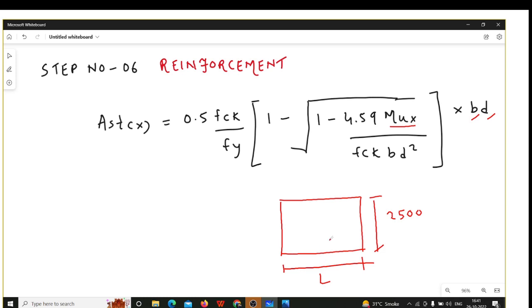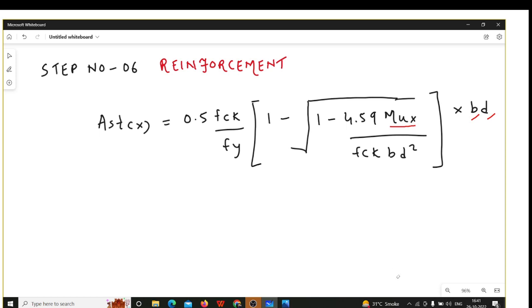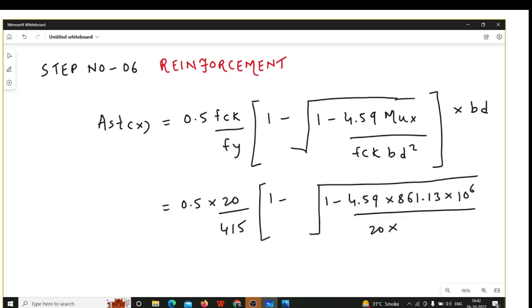Are you getting? When you are determining AST in this direction, this will be your B. Just remember this. Just substitute the value, and you will get the value of AST.